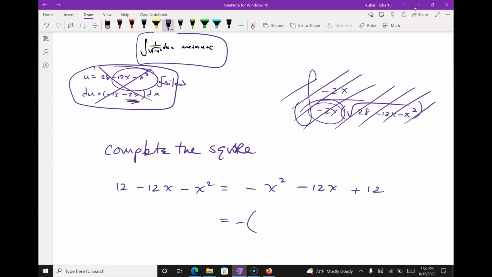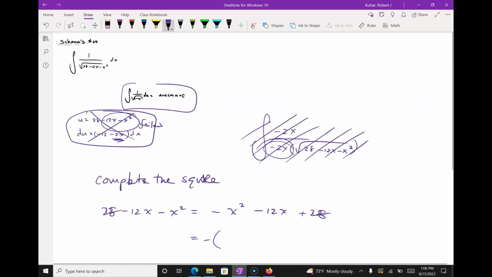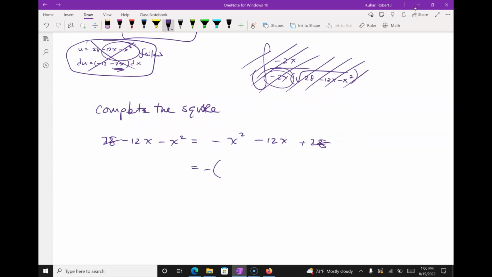Yes, 28 here, sorry, thank you. So I factor out the negative and get a positive leading coefficient of x squared now. That's what I want.